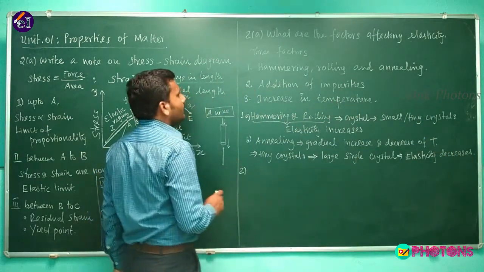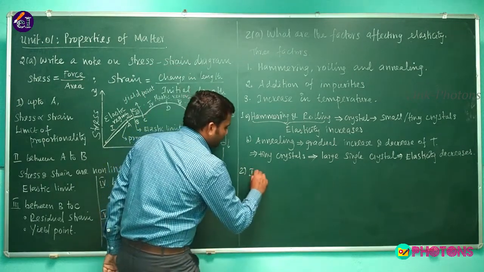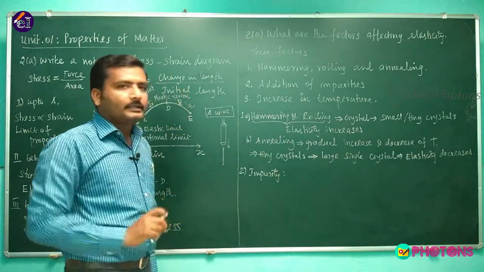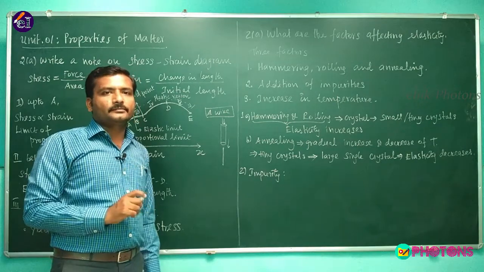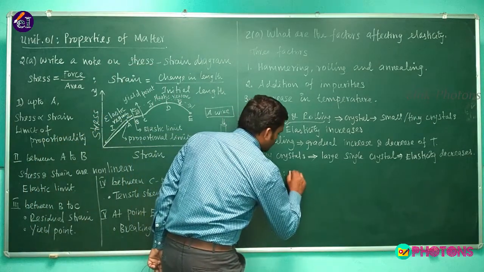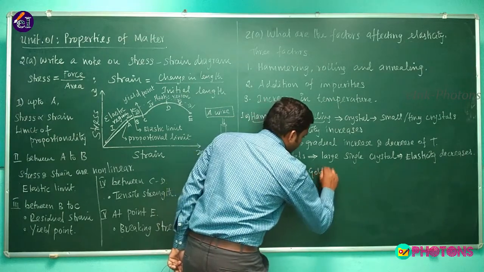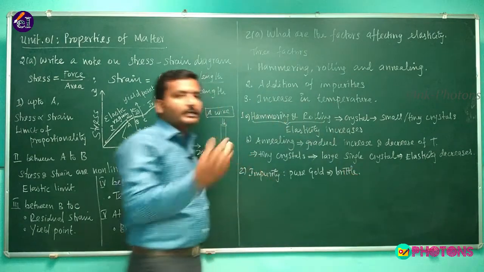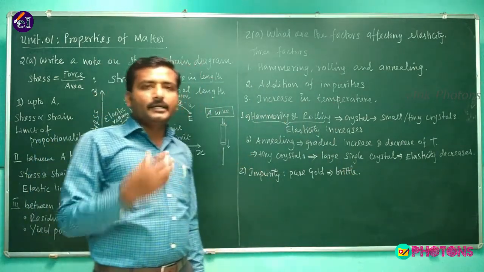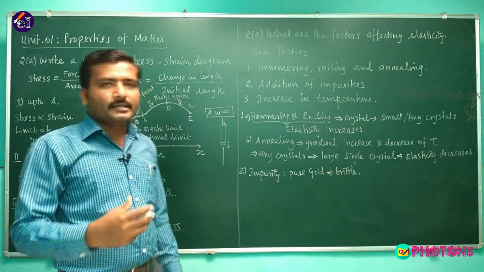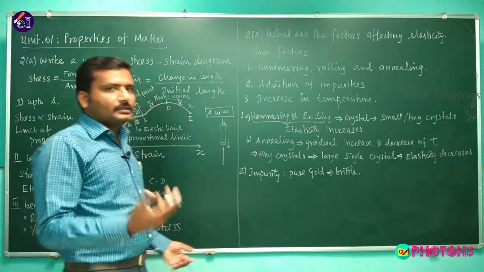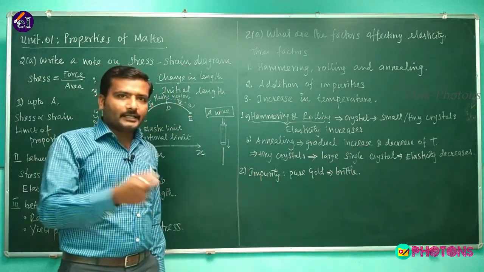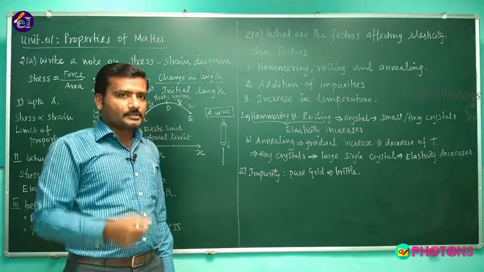What happens to point number 2? Impurity. Okay, this we will understand by an example. Let us consider pure gold. It is brittle in nature, so that we cannot use it for creating or designing ornaments like chain, bracelet, ring, etc. But if you add some impurities, then it becomes ductile and malleable so that we can design ornaments.